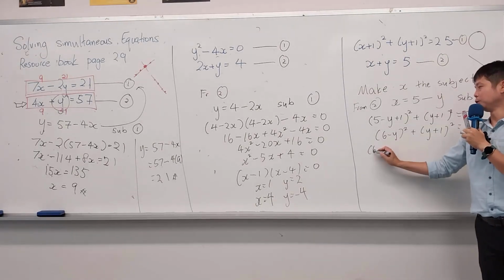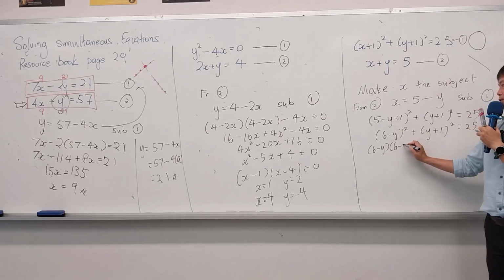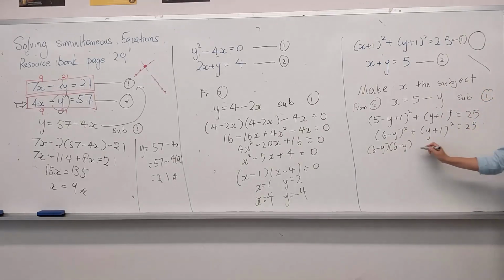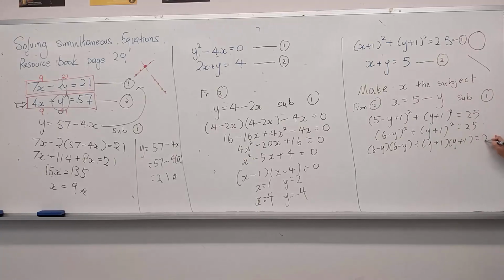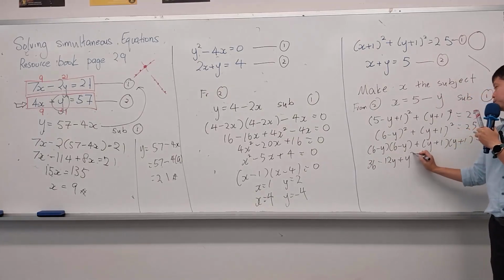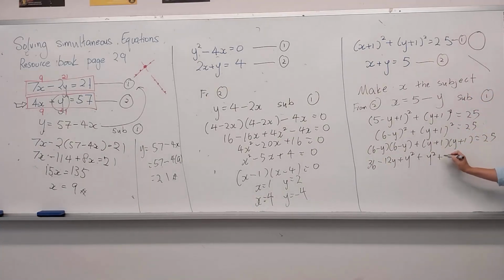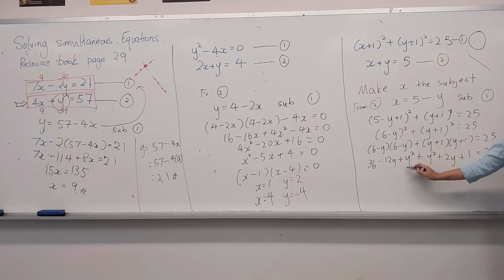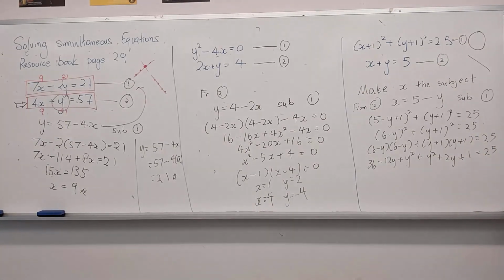As mentioned earlier, you have to write the square in this manner. And we will expand. So we will have 36 minus 12y plus y squared plus y squared plus 2y plus 1 equals to 25.